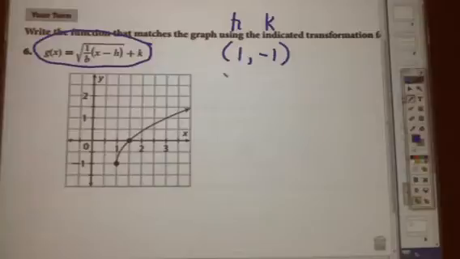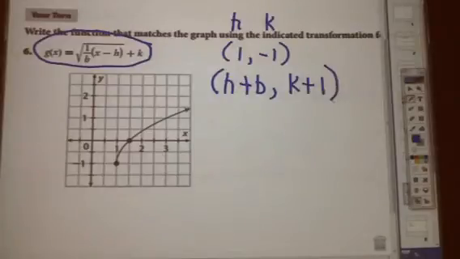Okay, here's what you need to remember when you're looking for the B. H plus B and K plus 1. That's a formula that you need to remember. This is equal to the x value of our second point here. So what's our second point? 1.5, 0?